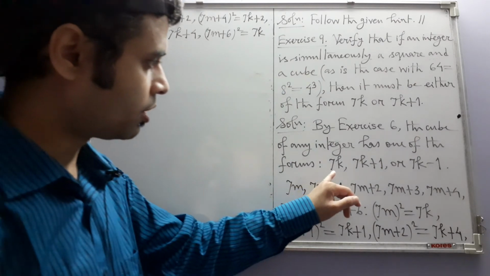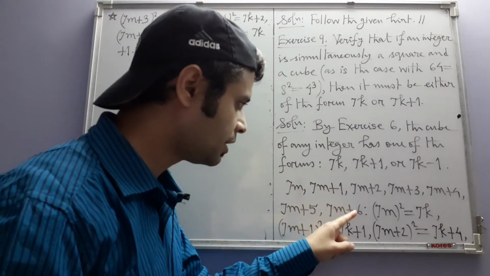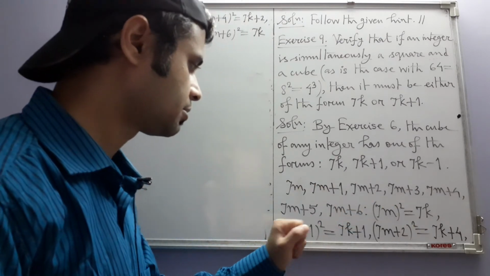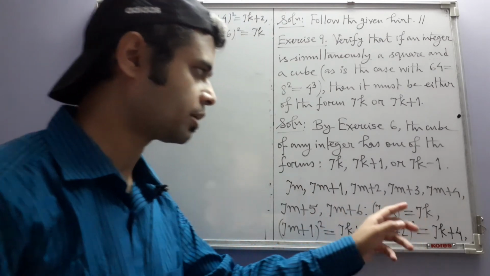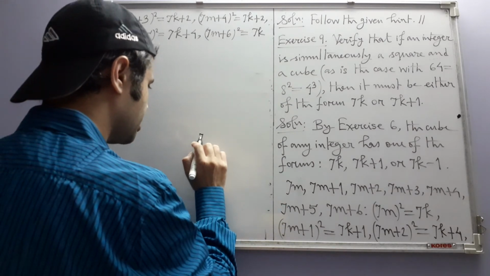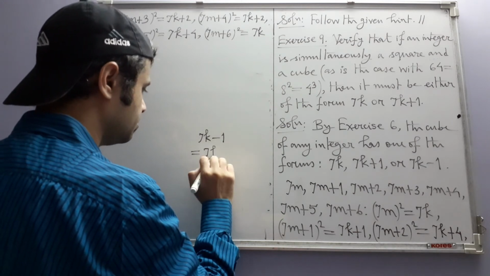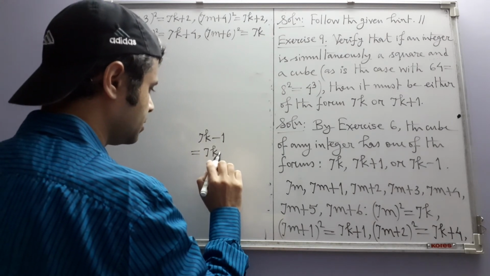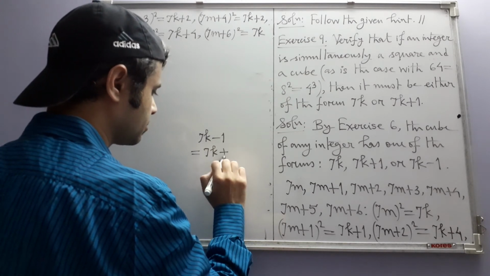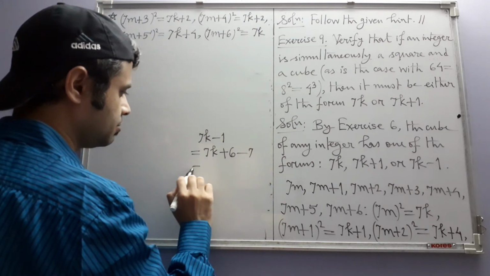So among these forms, you can see that 7k minus 1 does not appear anywhere among the squares. By the way, what is 7k minus 1? 7k minus 1 is actually 7k plus 6 minus 7.